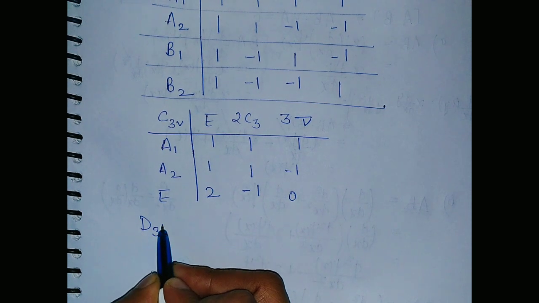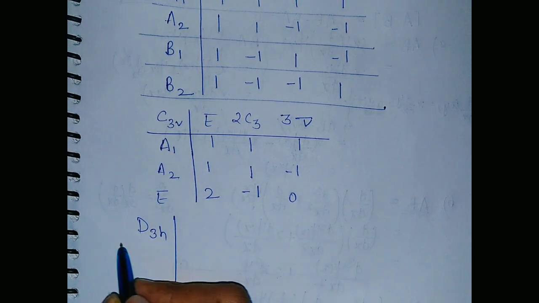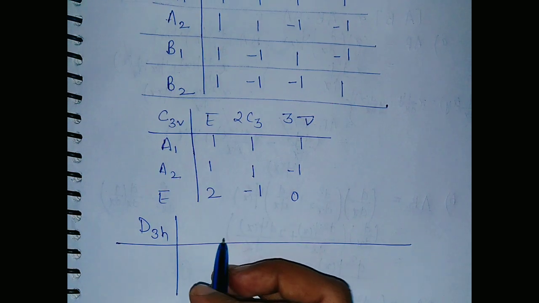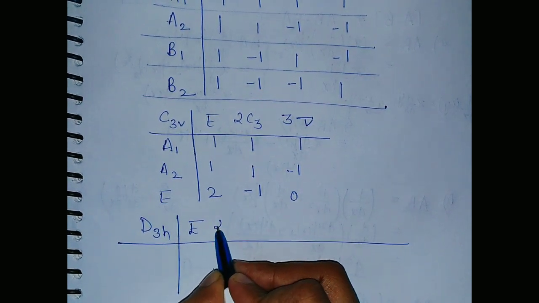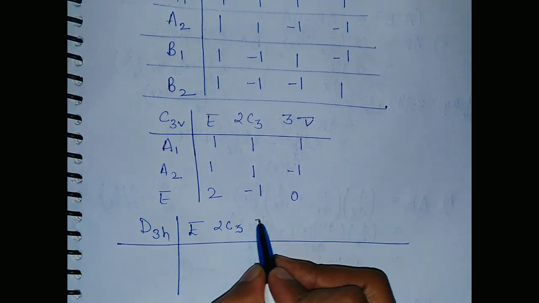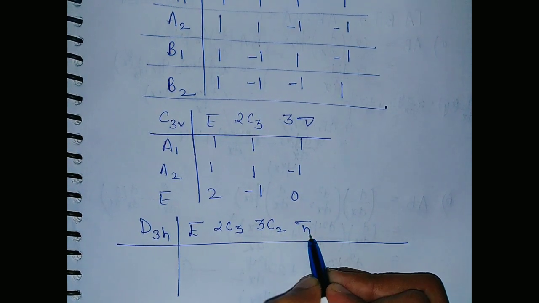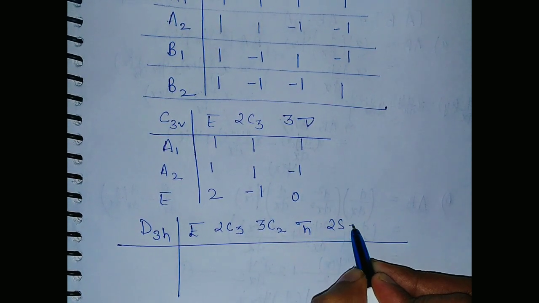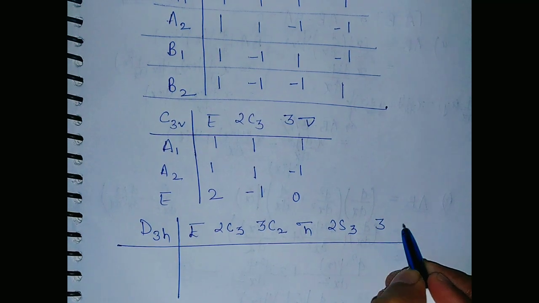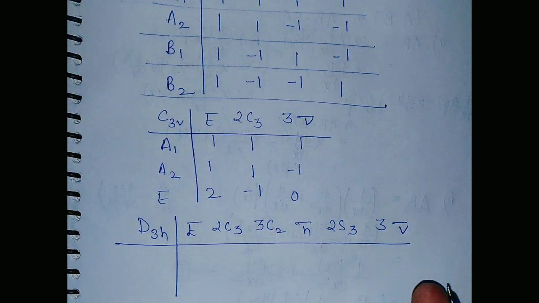Now for D3h, first of all we have E, then 2C3, 3C2, there is a sigma h also, and we have 2S3 and 3 sigma v. Now see how to write, very easy.